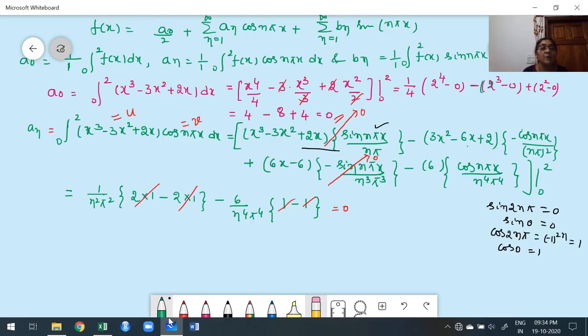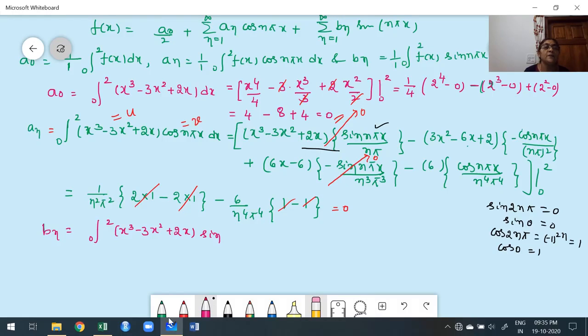Next I want to find out bn. What is my bn value? bn is nothing but, bn equals 0 to 2 x cube minus 3x square plus 2x into, instead of cos, what do we have? Sine.